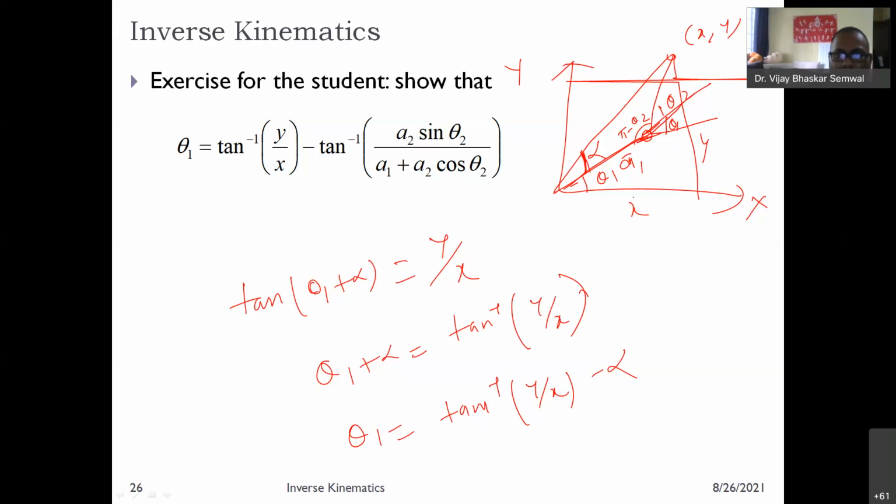What is this height? This height is a2 sin theta 1 and this height is a1 plus a2 cos theta 1. Okay. So this is how the alpha value is coming. You can capture this. Okay. So I think that this is clear.